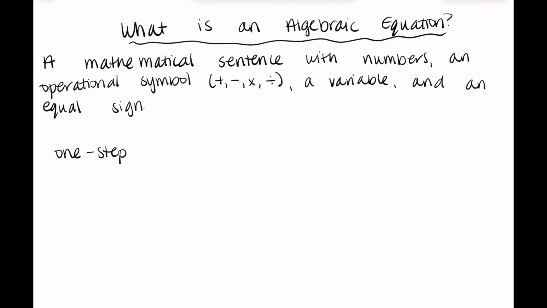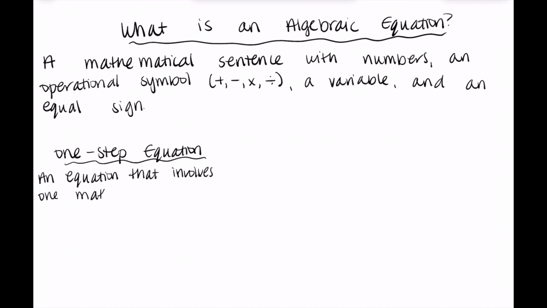So now that we've defined this, let's go through and differentiate and compare what a one-step equation is compared to a two-step equation. A one-step equation is an equation that involves one mathematical operation. So any of them is okay, but it's an equation that has either addition, subtraction, multiplication, or division.